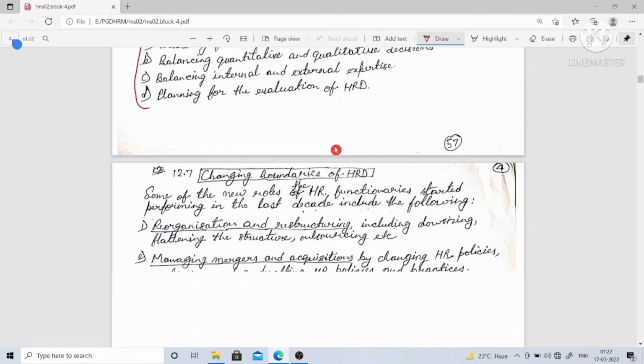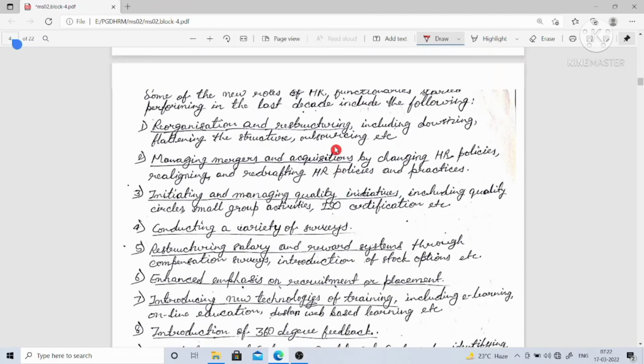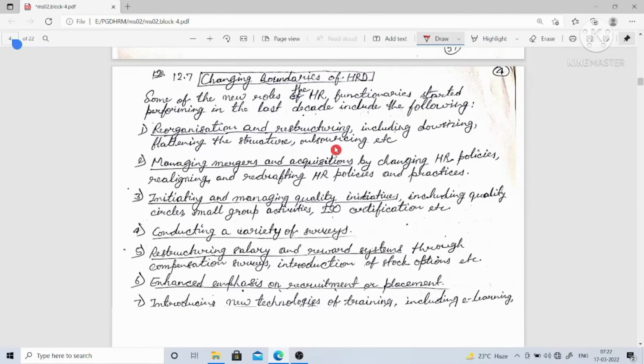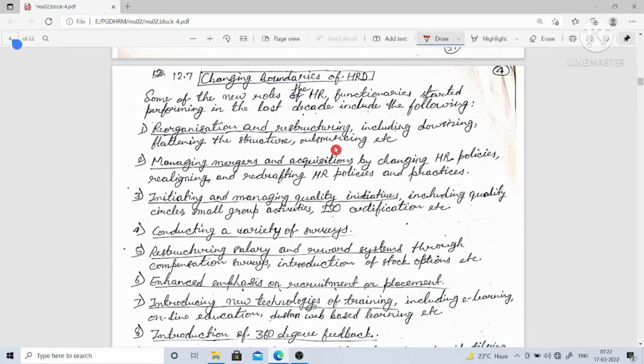Changing boundaries of human resource development. Changing boundaries here given. So how human resource development is changing, the way human resource development works, how it is changing. So some of the new roles the human resource functionaries started performing in the last decade include the following.